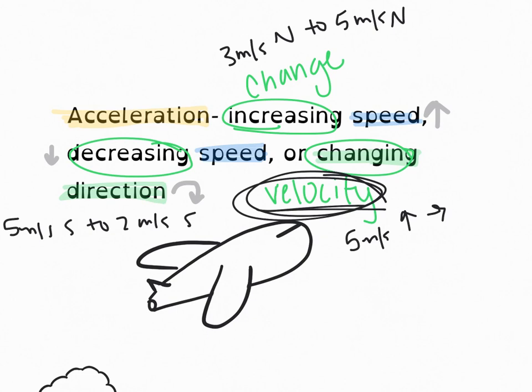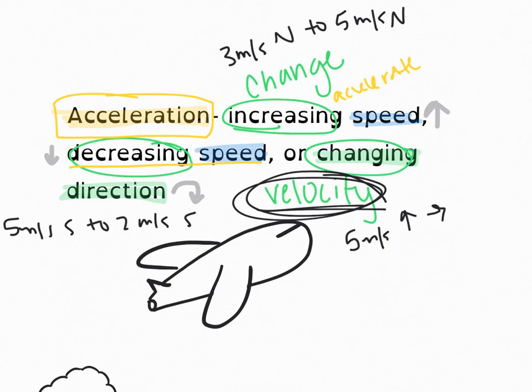Now, we use the word acceleration outside of just science. When we talk about acceleration, increasing, we've talked about how cars accelerate. We also have a word for decreasing speed, or decelerate.